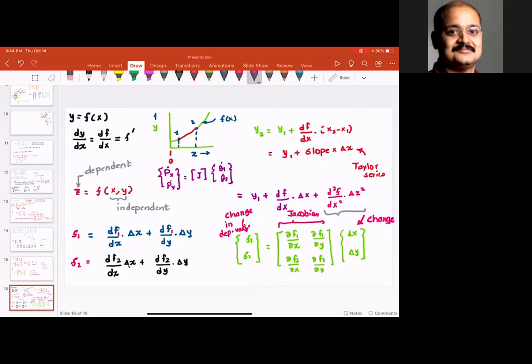So remember this. Now what I want to do is the exact same thing that I did here. So this guy essentially is the Jacobian. This guy is called the Hessian. So if you look at the Hessian, now I'm going to extend this thing to 2 dimensions.